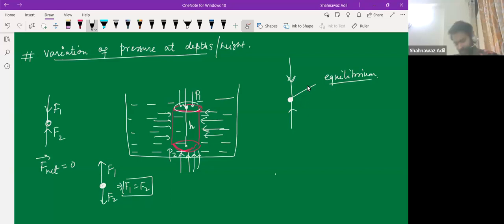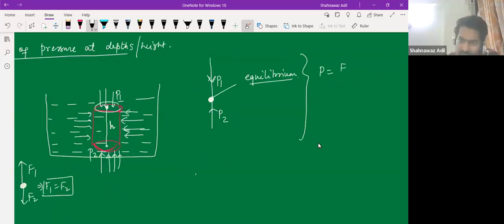We know that pressure is force by area. So F1 would be P1A and F2 would be P2A. The forces are due to these pressures.